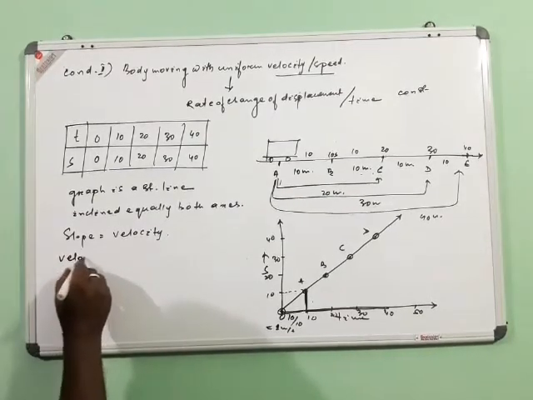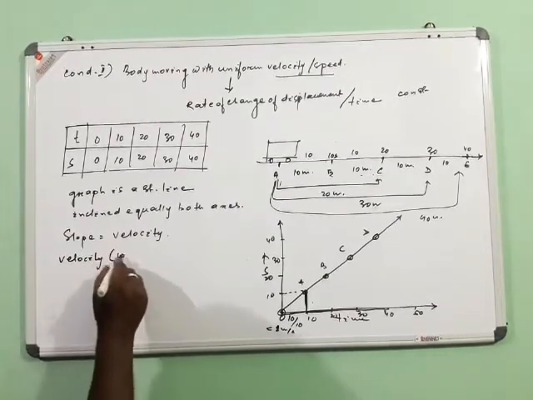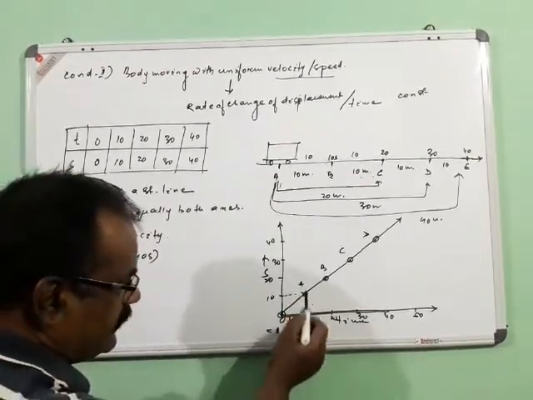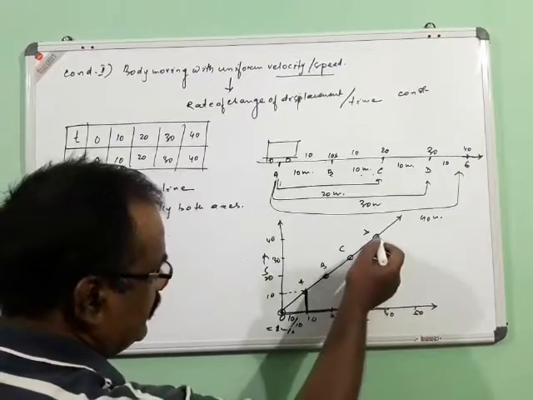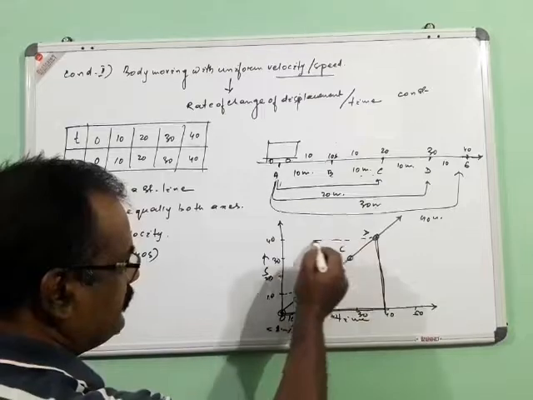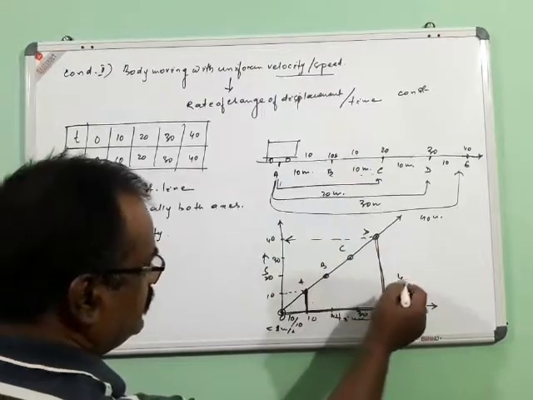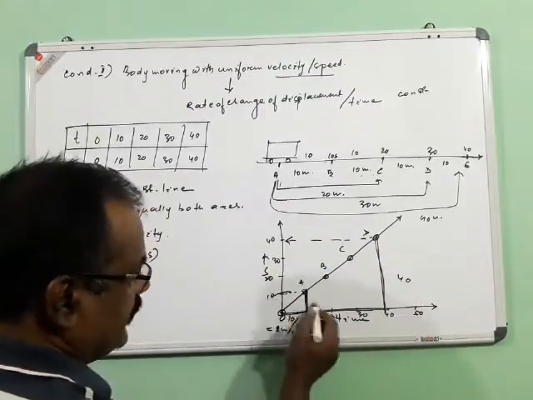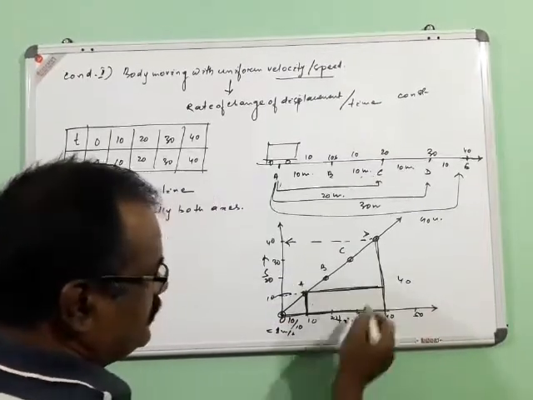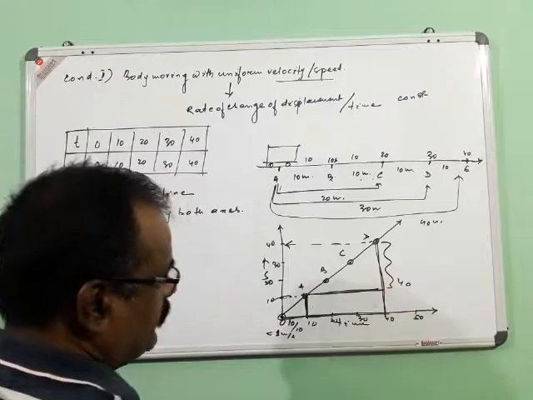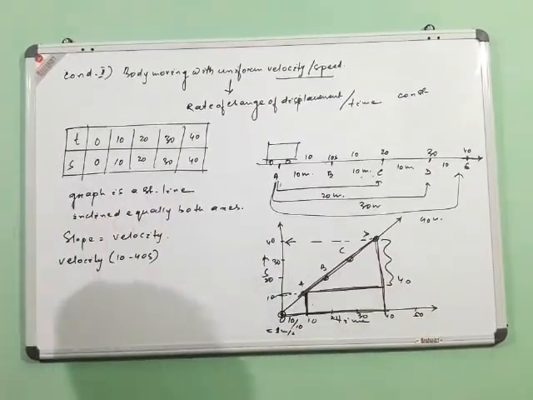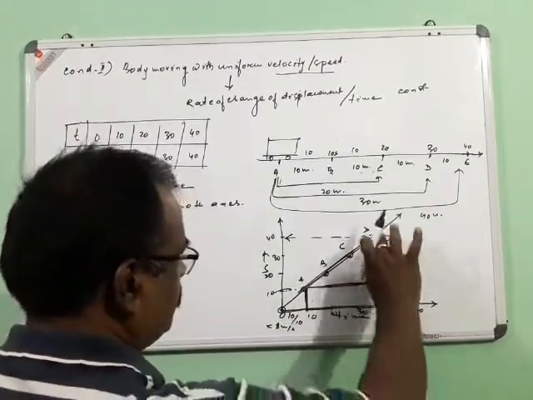So velocity between 10 and 40 second will be equal to, if we draw the perpendicular at 10 second and another at 40 second, the y component represents 40 and this is 10. If we draw a parallel line here, this is the perpendicular component for the segment AD between 10 and 40.